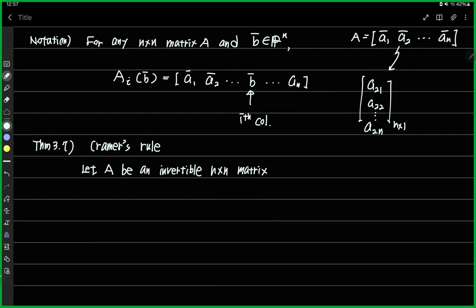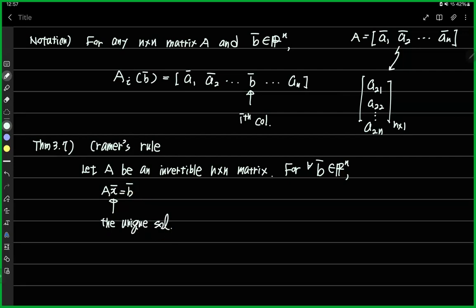For any vector B in R^n space, since A is an invertible matrix, for any choice of vector B there exists a solution of that system, and that x bar must be the unique solution, because A is invertible.